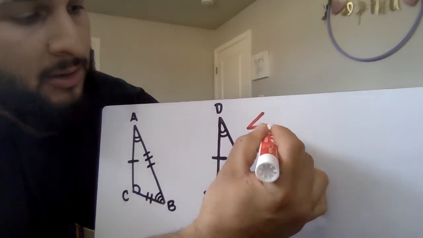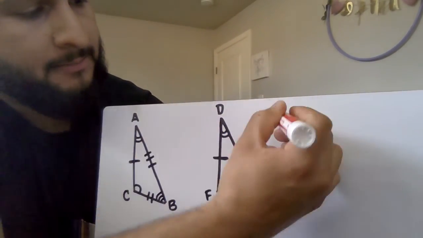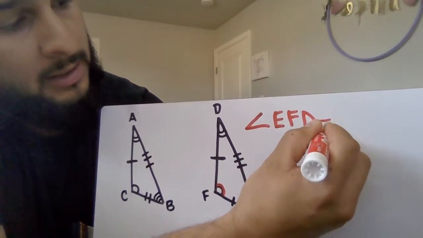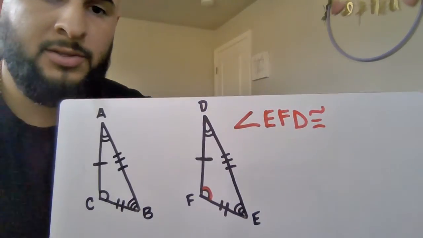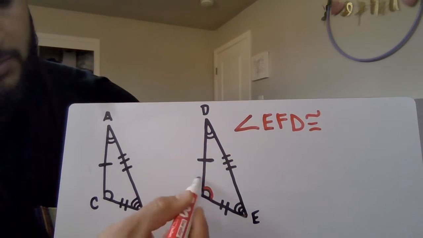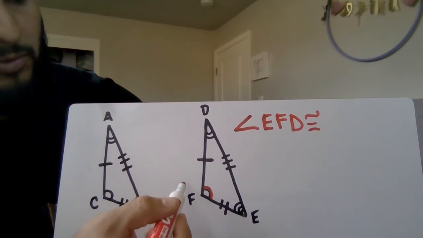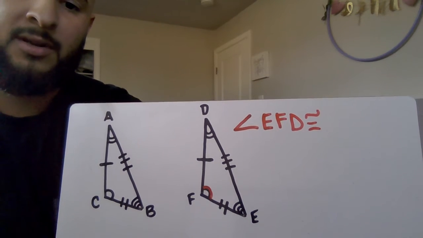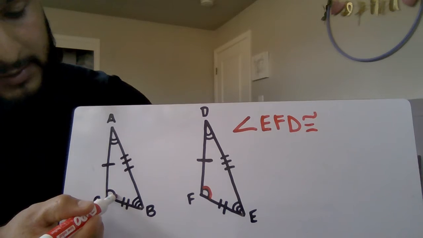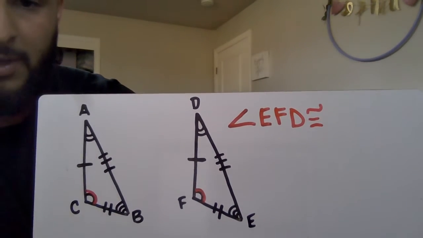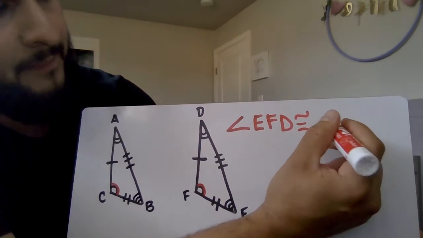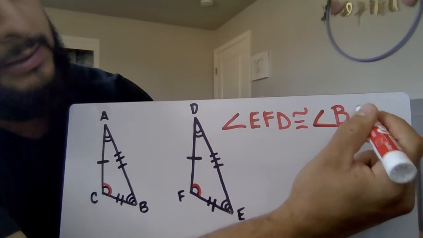We're going to name it angle EFD, is congruent to... So if I started in E, went to F in the middle, that's the angle we're talking about here, D. Well, then I have to do the same in the others. I have to start with the same kind of corresponding angle. So then this would be the congruent angle there. So I would have to name that angle BCA. Angle BCA.